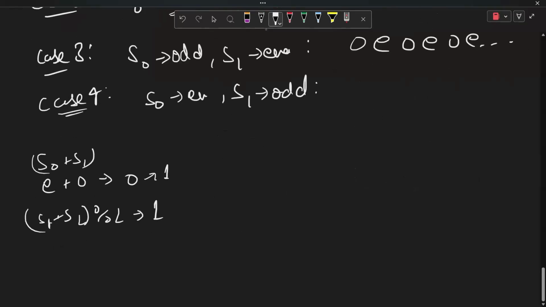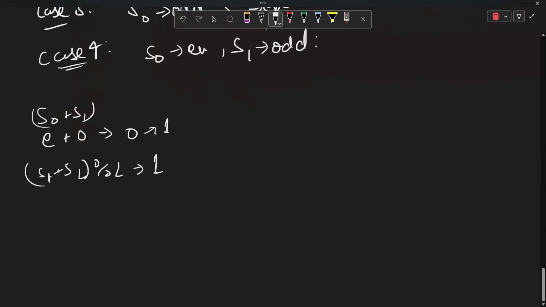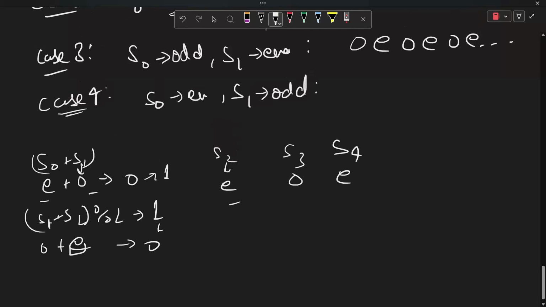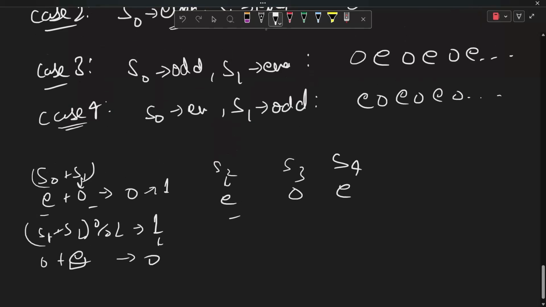And we know S1 is odd. So odd plus what is going to make 1, which means odd? Odd plus even is going to make an odd. So we concluded that S2 would be even. So even, odd, even, and again we would get S3 odd, S4 even. So again we would get the pattern of even, odd, even, odd, even, odd, likewise.